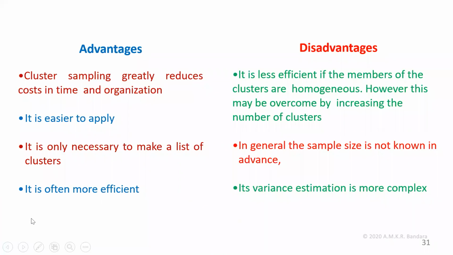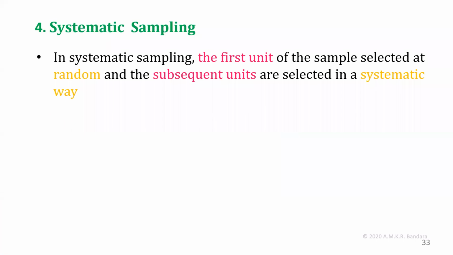Then systematic sampling. Here, in systematic sampling, the first unit of the sample is selected at random and subsequent units are selected in a systematic way, using a particular system or particular pattern.